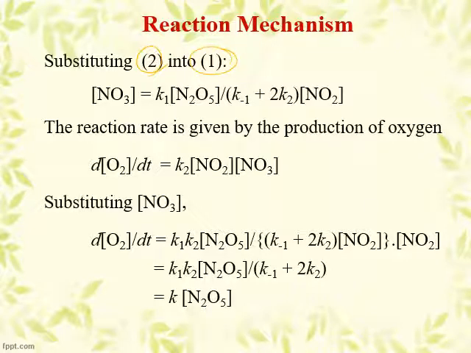So we write back equation 1 just now, which is [NO3] equals k1[N2O5] divided by k-1[NO2] plus k2[NO2] plus k3[NO]. And equation 2 just now is [NO] equals k2 over k3 [NO2].